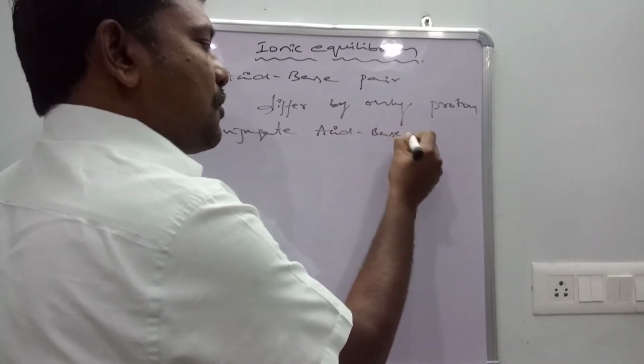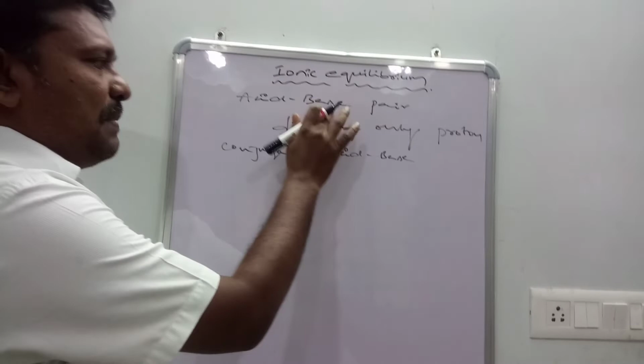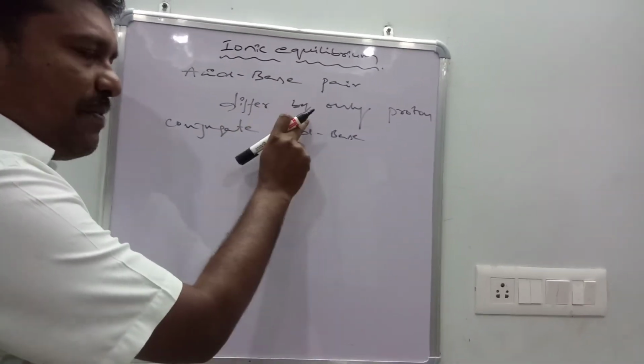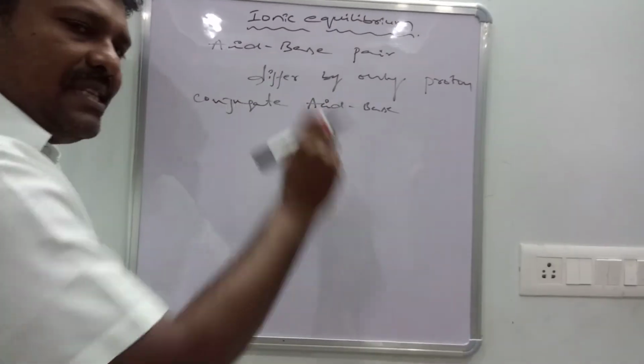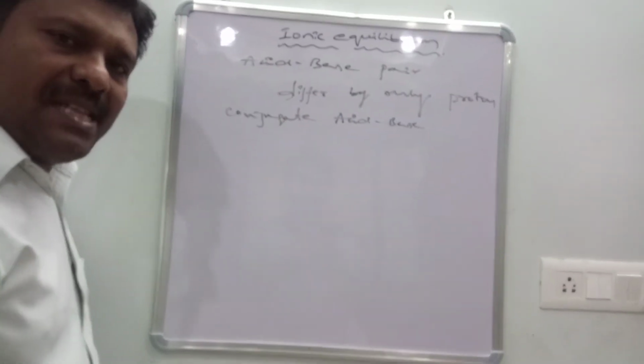Boys, I'm repeating, observe carefully. An acid base pair which differs by only one proton is known as a conjugate acid base pair.